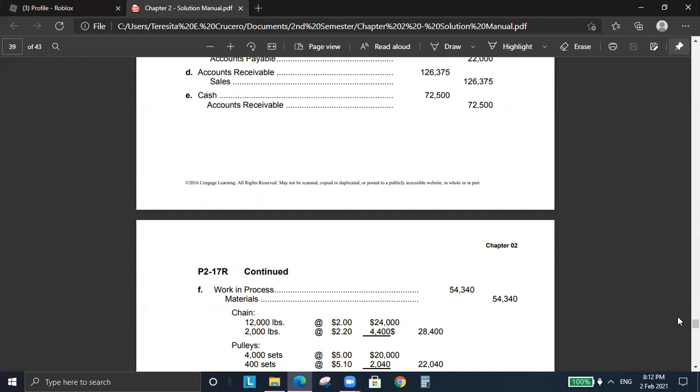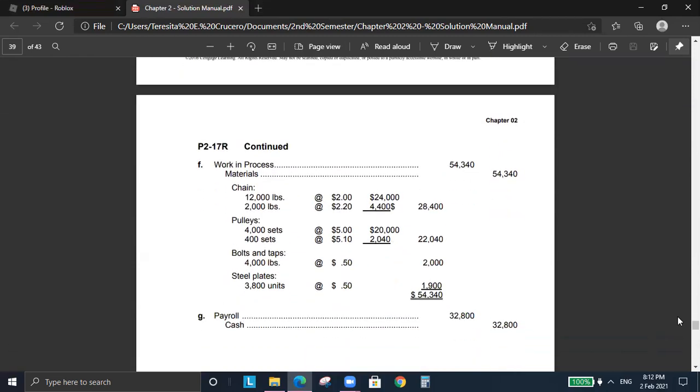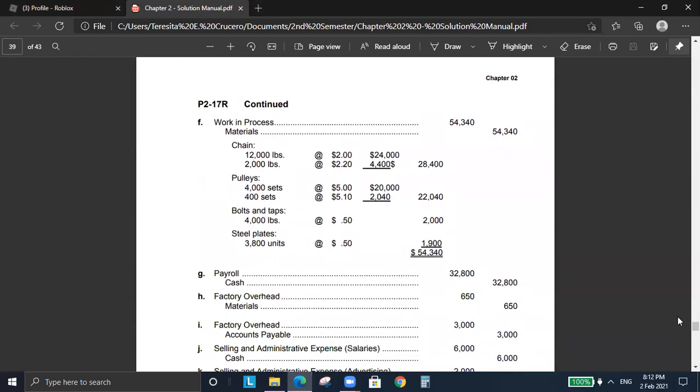So we now have 14,000 pounds of chain, 4,400 sets of pulleys and bolts and tabs, 4,000 pounds steel plates, 3,800 units. Now for the debit to work in process for direct materials and the credit to materials.